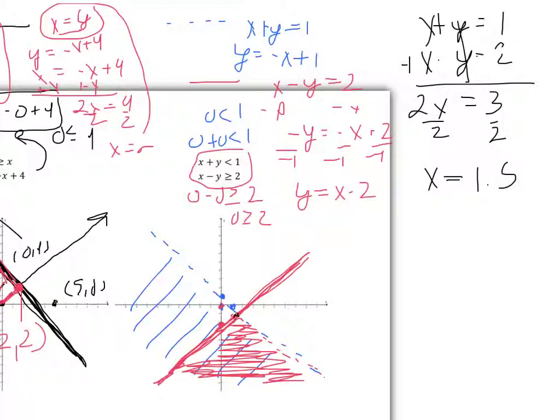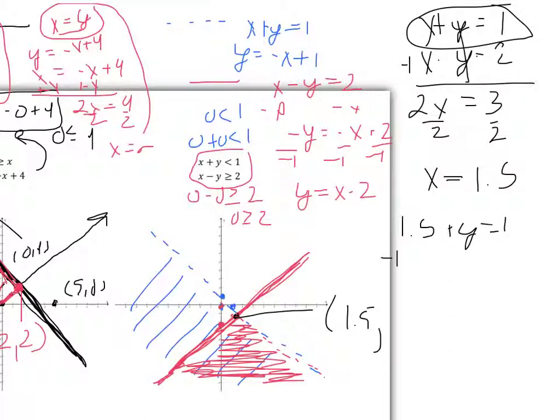So this intersection point right there, x is 1.5. To find the y, we can plug this back in. So we go ahead and plug it in the first one, that's fine. So 1.5 plus y equals 1. Subtract 1.5. We get y equals negative 1/2, so negative 0.5. And that is the intersection point of those two lines. So that's the vertex of those.